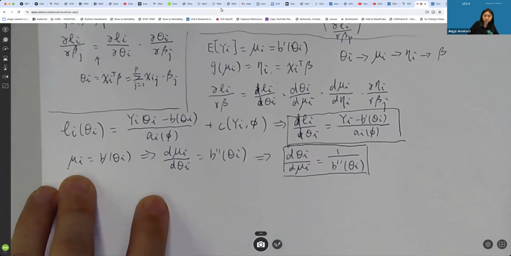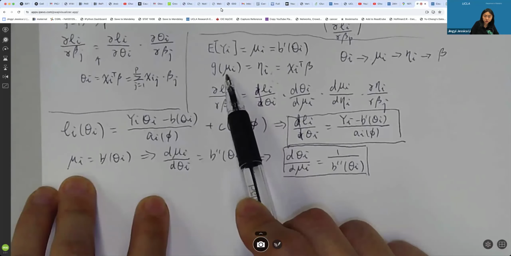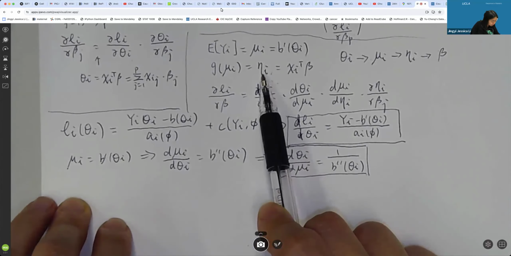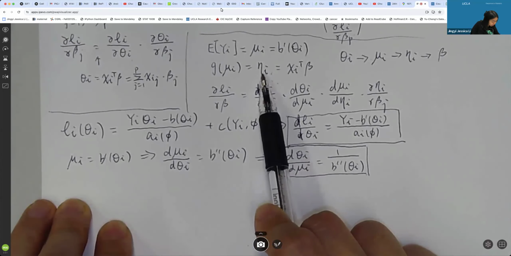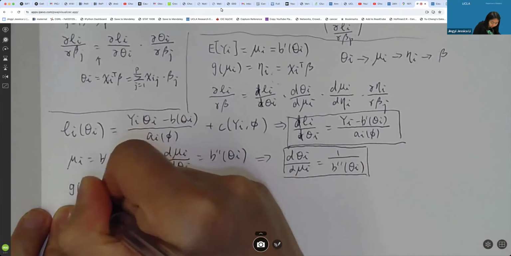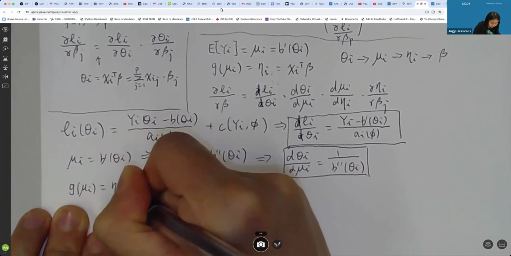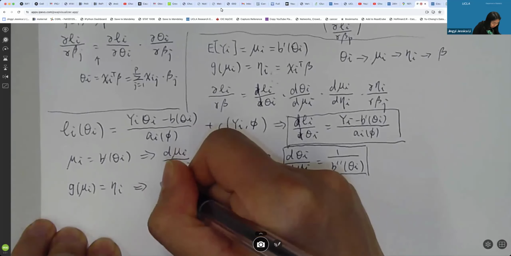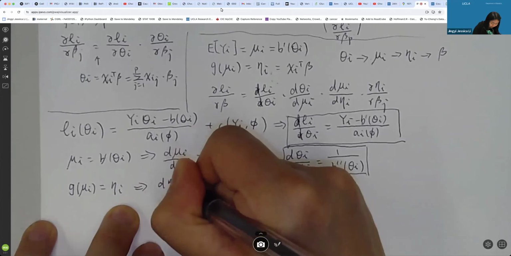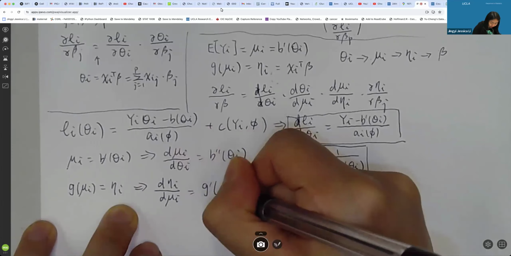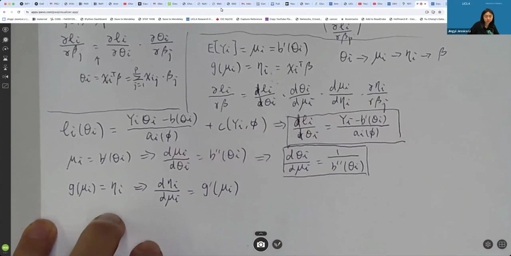And for the third term, it's based on this, g mu i equals eta i. So again, we'll use the same trick. Because g mu i equals eta i, if I do d eta i, d mu i, it just gives me g prime mu i.